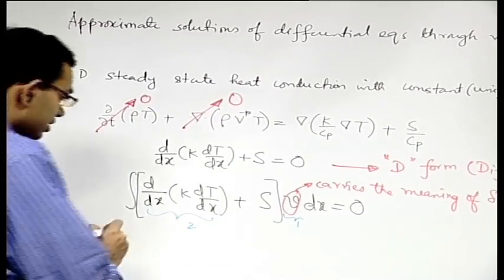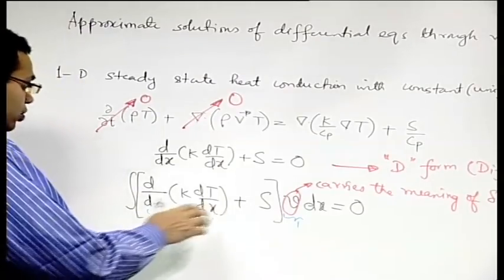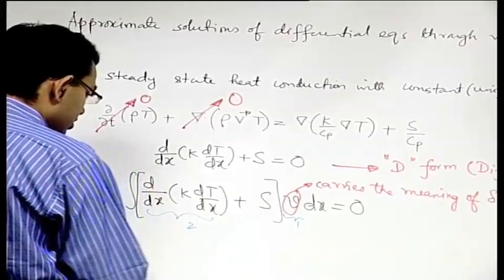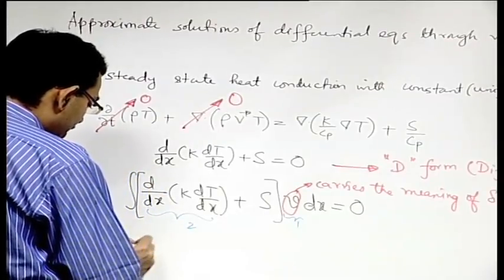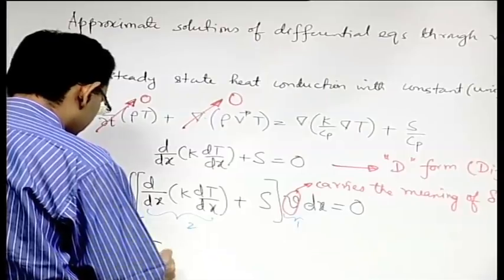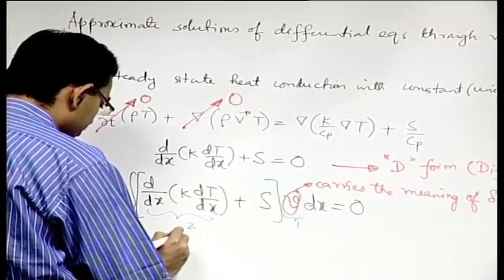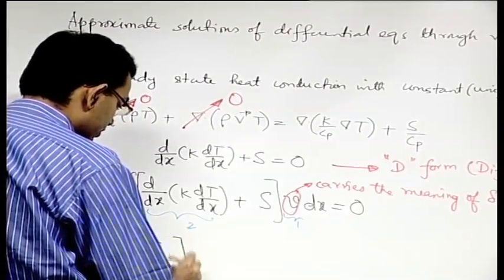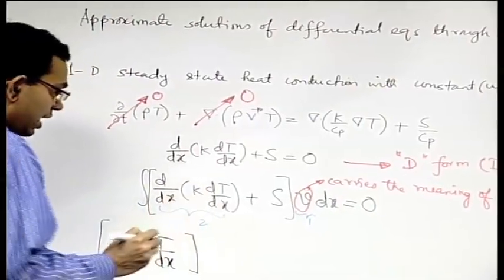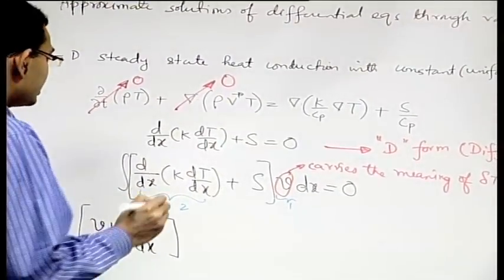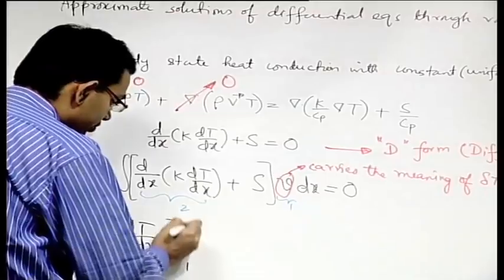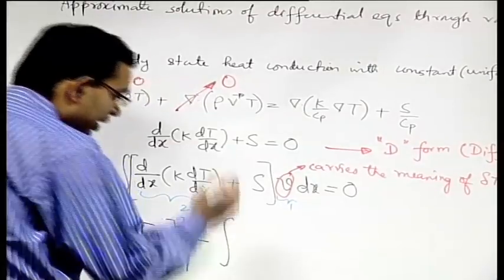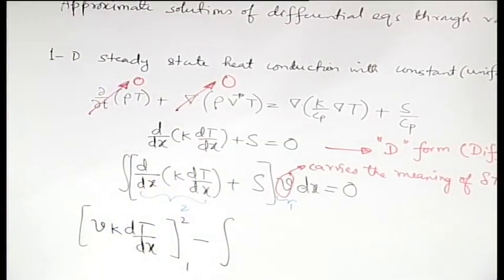So, first function into integral of the second, k dT dx, at the boundaries, let us say the boundaries are 1 and 2, minus integral of the derivative of the first function.